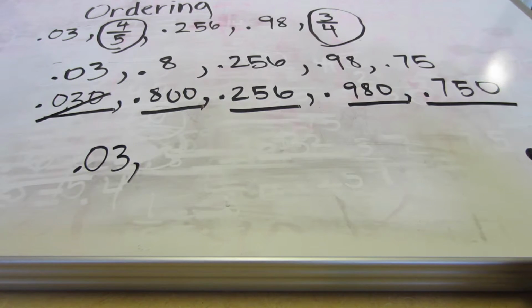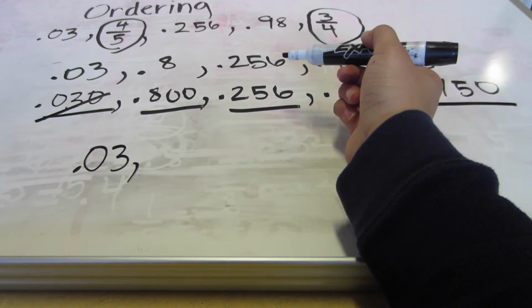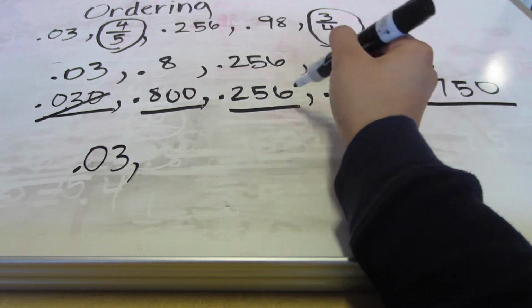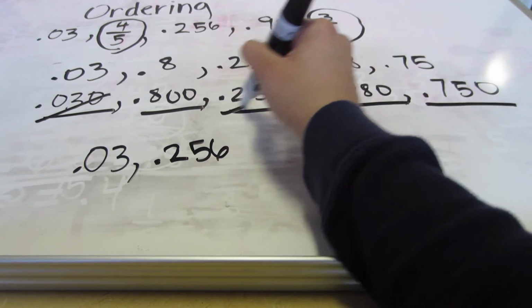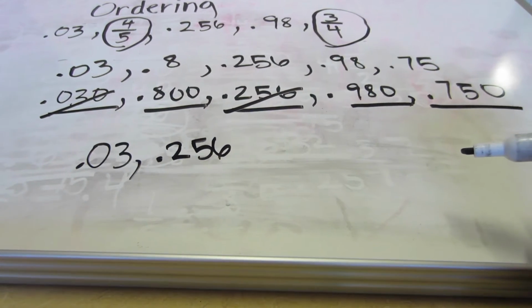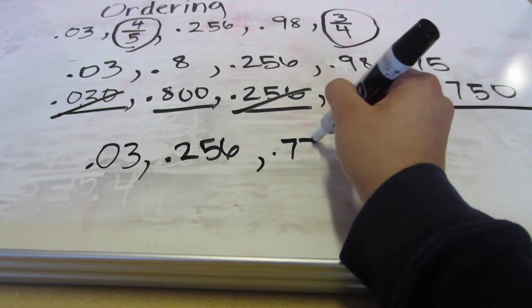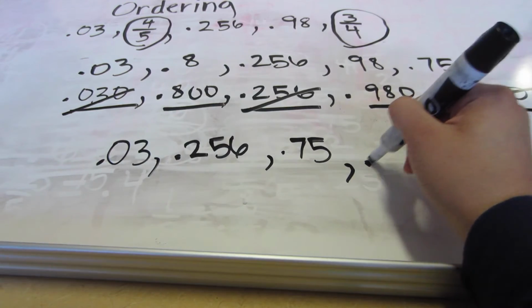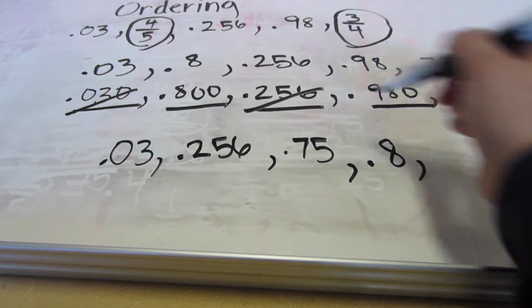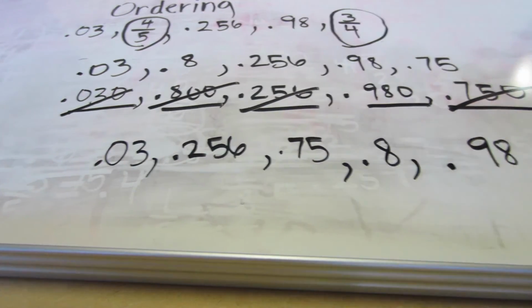The next smallest is 0.256. So we've marked that out. The next number, 0.75. The next biggest is 0.8, and the largest or the greatest is 0.98.